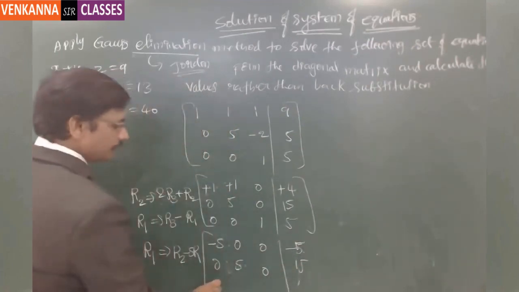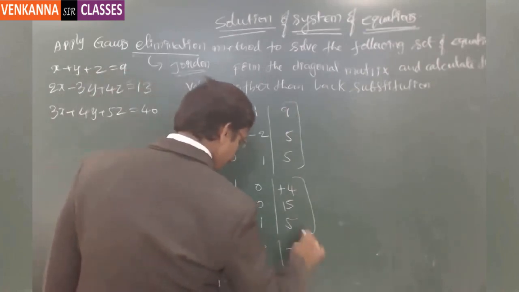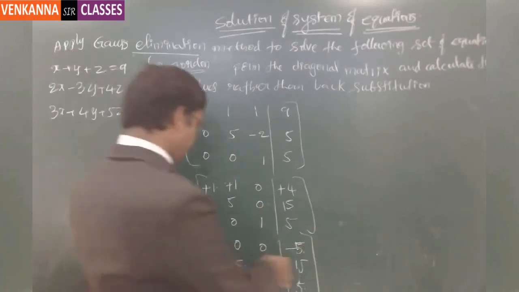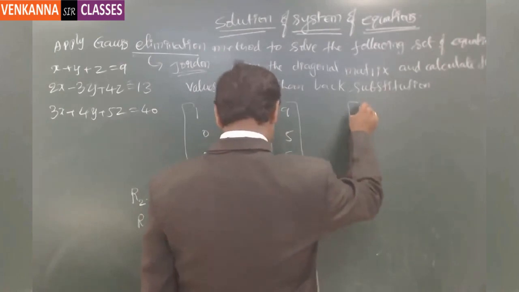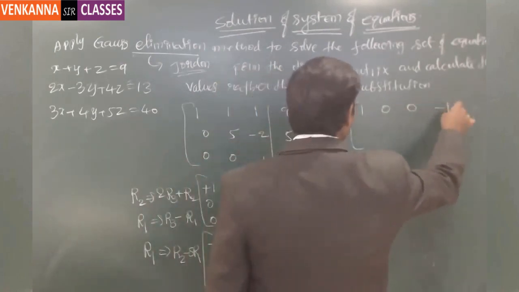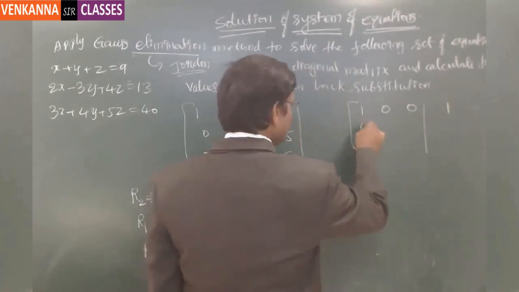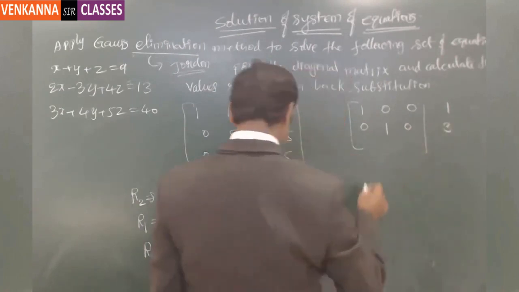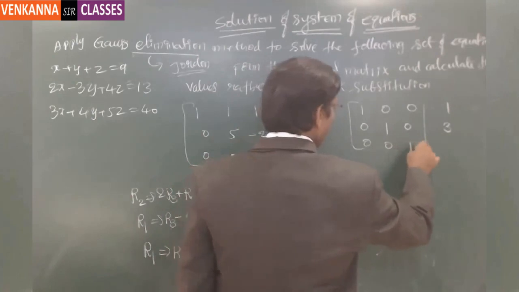And here 0, 0, 1 and 5. Now if you cancel here by 5, this is going to be 1, 0, 0, minus 1, so 1, 0, 1, 0, 3, 0, 0, 1 and 5.